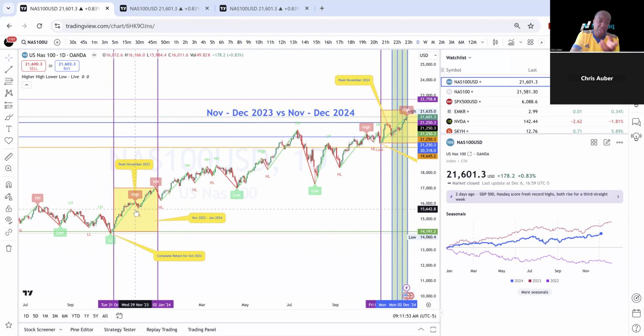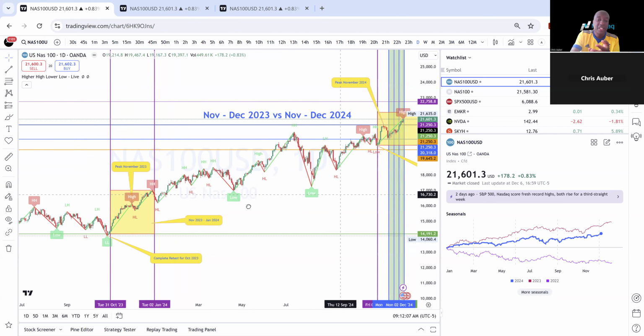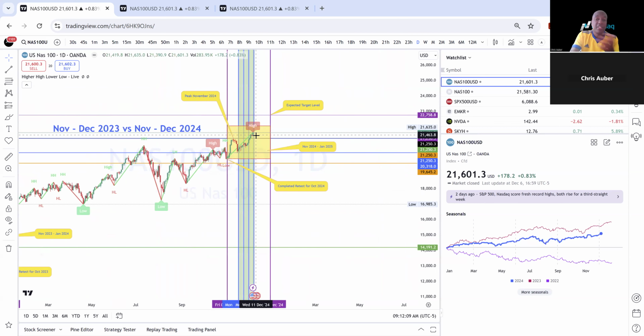It made a new high, made another higher low, went to a higher high, and it's been making higher lows, higher highs ever since. So which means if you came in at this particular date last year, October 23, you could have still been in this trade up until today, no losses. You could have just left it.